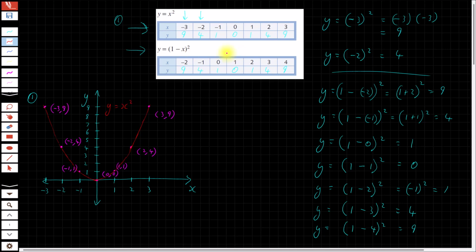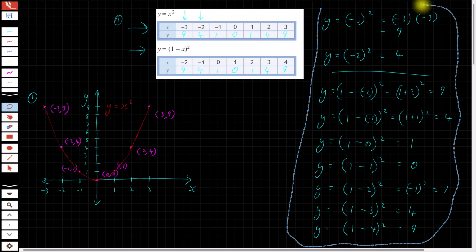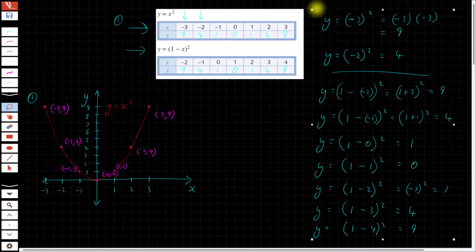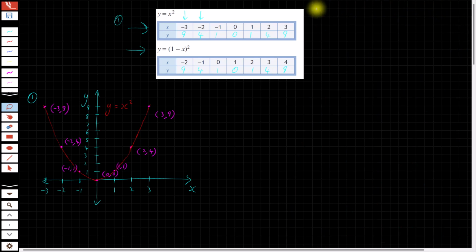Okay, let's do the second one now. Make a bit of room over this side. We note that x goes from -2 to +4, and once again the y values go from 0 to +9.